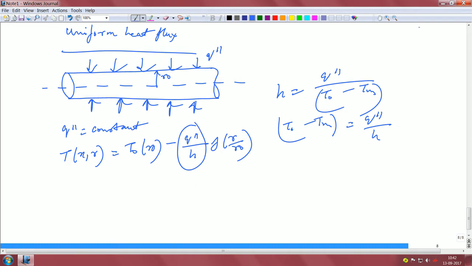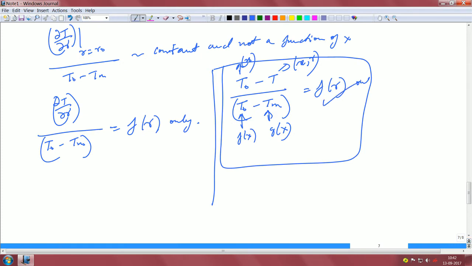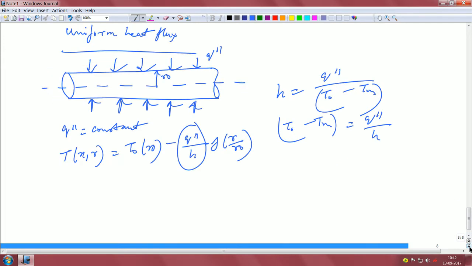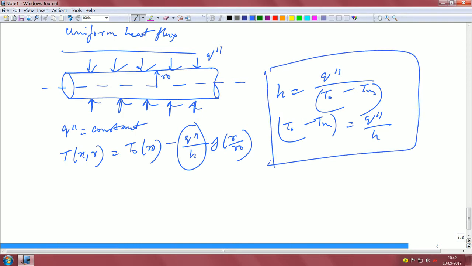There is no difference between this and this, they are essentially the same. Only T naught minus T m has been substituted by Q double prime, because Q double prime is a given and it is a constant. That is the only reason. So, do not lose track of this.